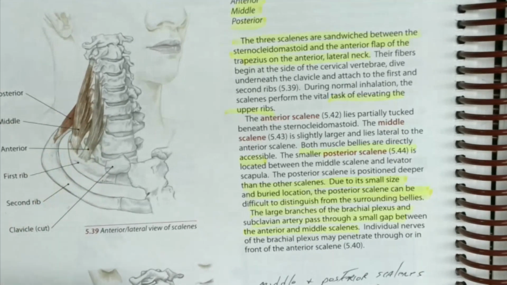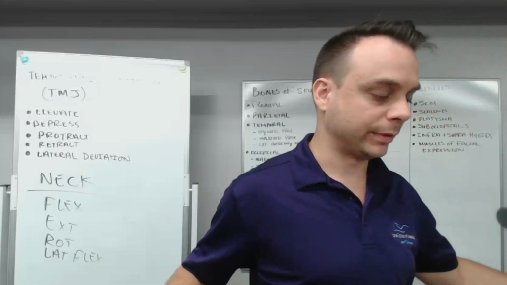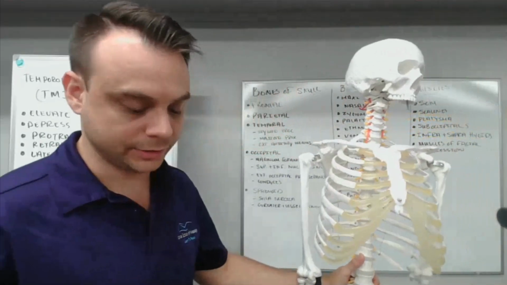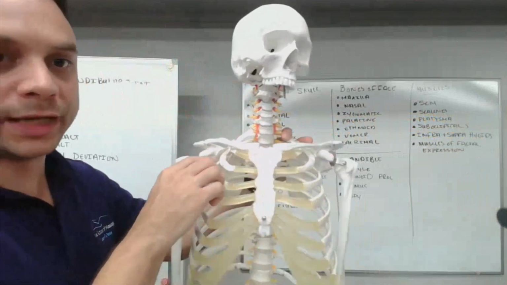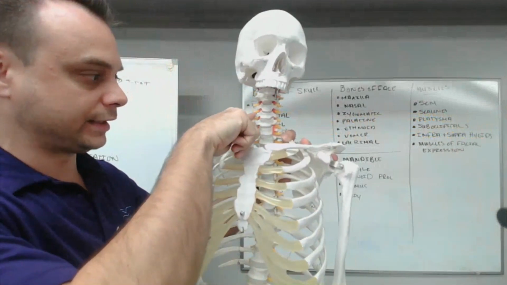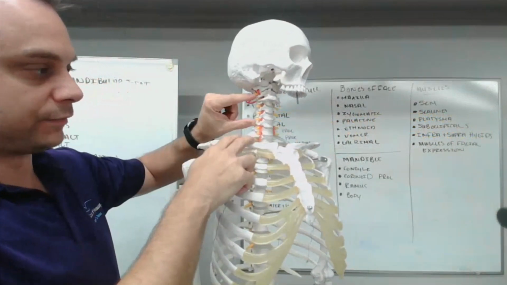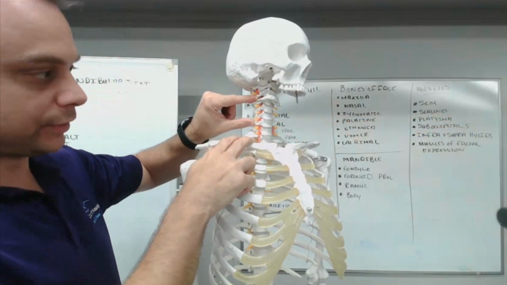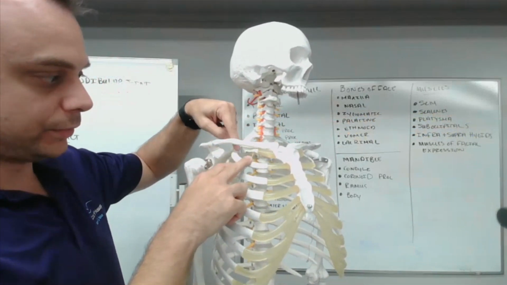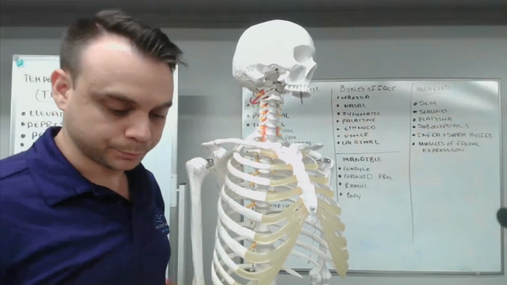So what exactly are these scalenes doing? Let me show you a little bit more about the landmarks. So these transverse processes are these little bumps on the side of the vertebrae and neck here. So we're attaching from various transverse processes here and attaching to the ribs.